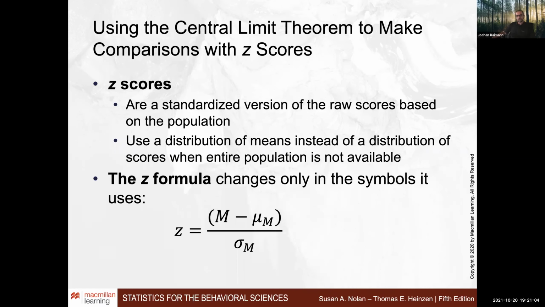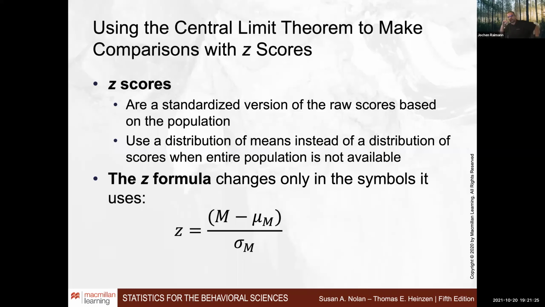So if you are calculating a certain mean and you want to compare it to a population mean, and you have a standard error, obviously you can do the same thing as you did with the raw scores. You take every individual mean.